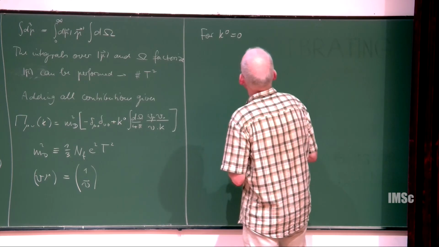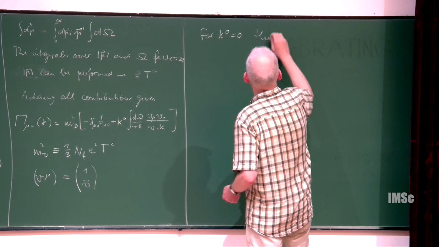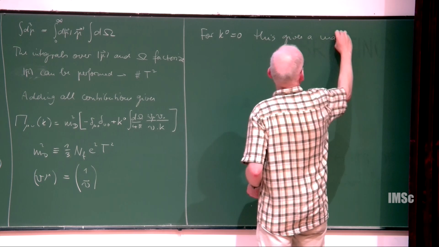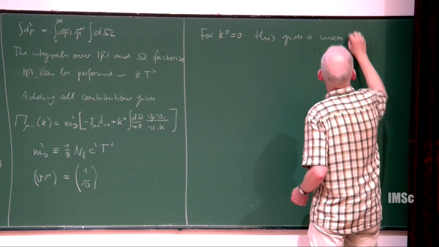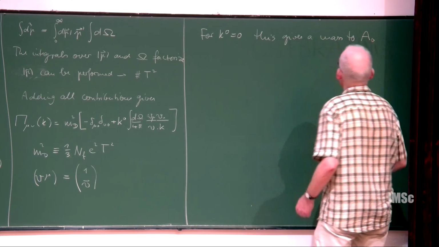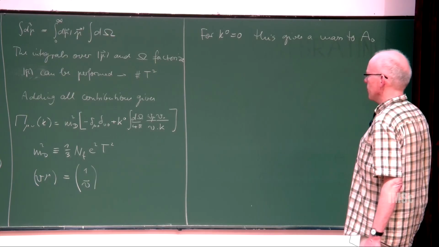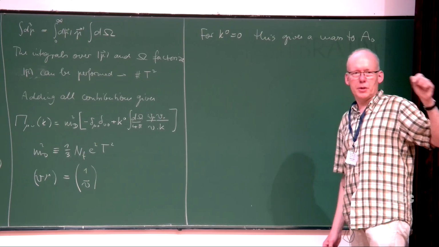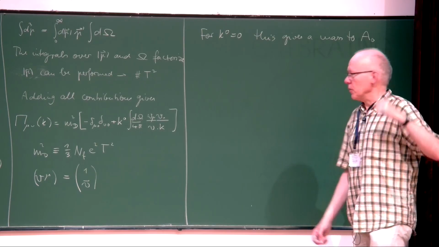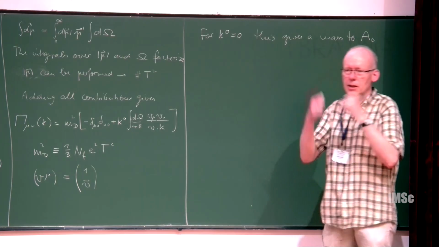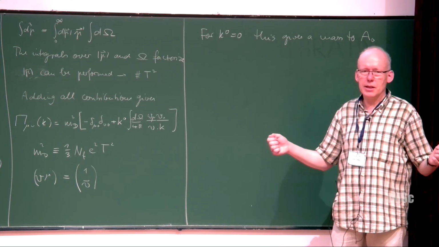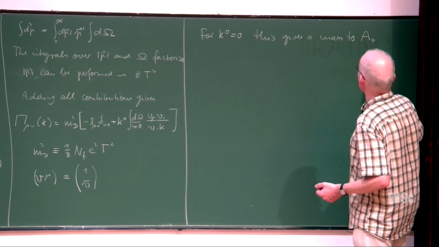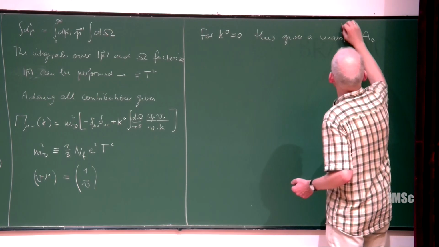So this gives a mass to the 0 component of the vector potential. And remember, the 0 component of the vector potential is the scalar potential. And if we have 0 frequency, then there is no dynamics, everything is static. So this mass is actually the Debye mass.